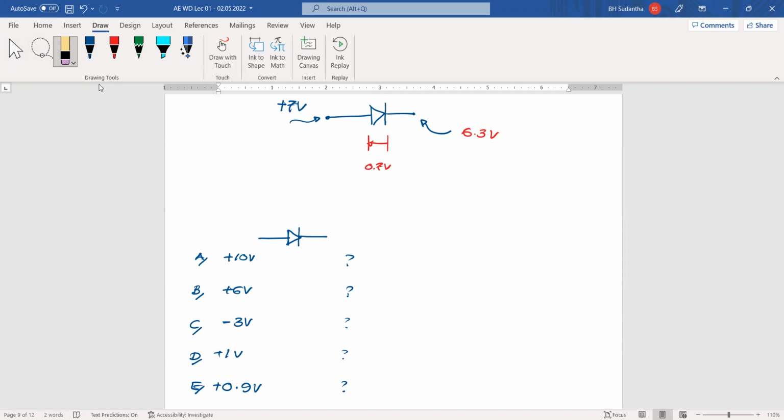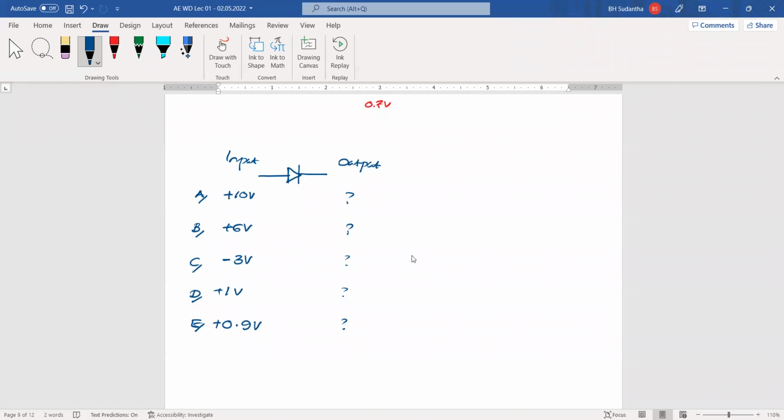This is the input voltage. And what is the output voltage here? This is the input. What is the voltage you can find on the other side? And here you can apply minus 1.3 volts.